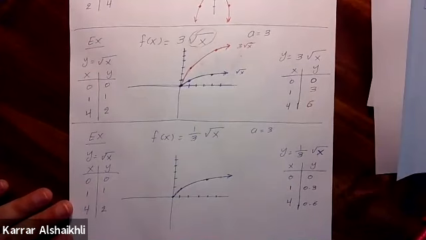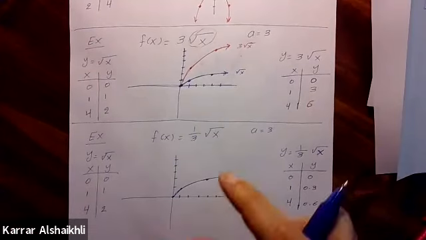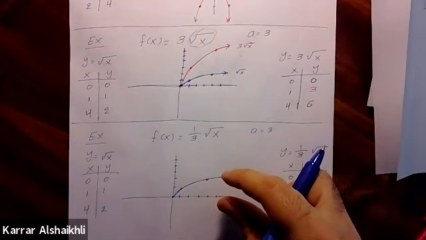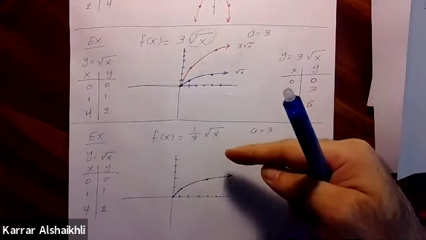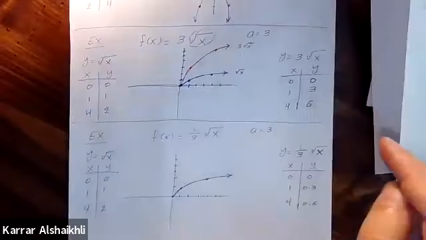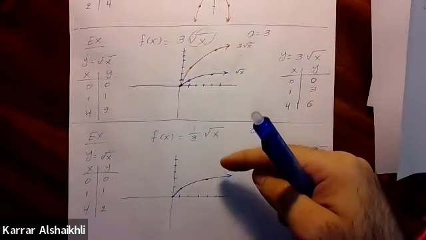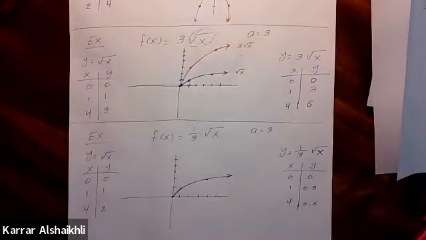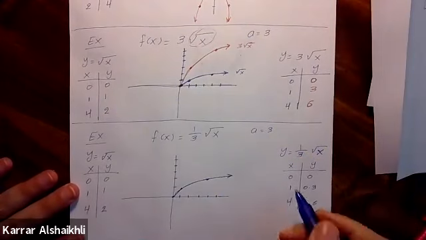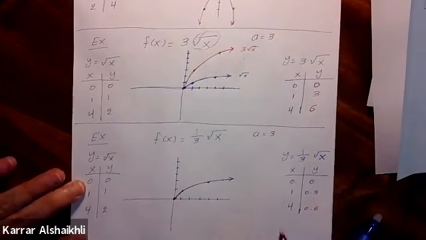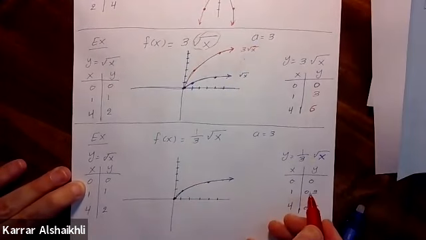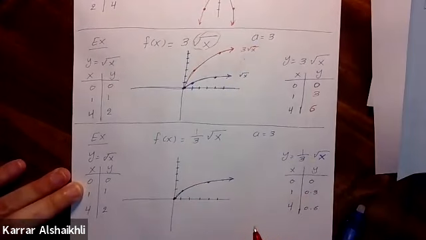Now let's graph the new points and you will see it's a vertical shrink. I'm going to touch the graph from here, on the top, and push it down. Push it down, so it's going to be a shrink. 0, 0 is going to be here. 1 and 0.3. 0.3 is less than half.